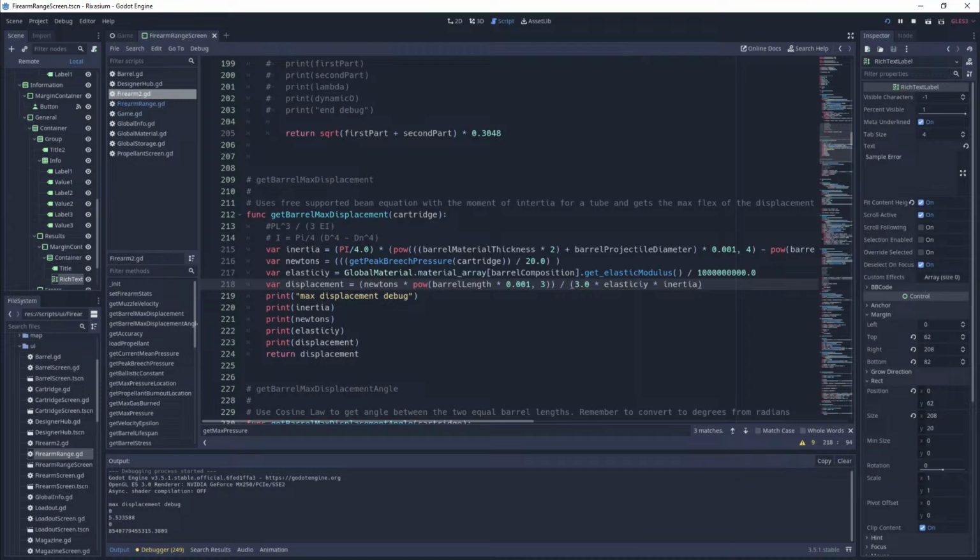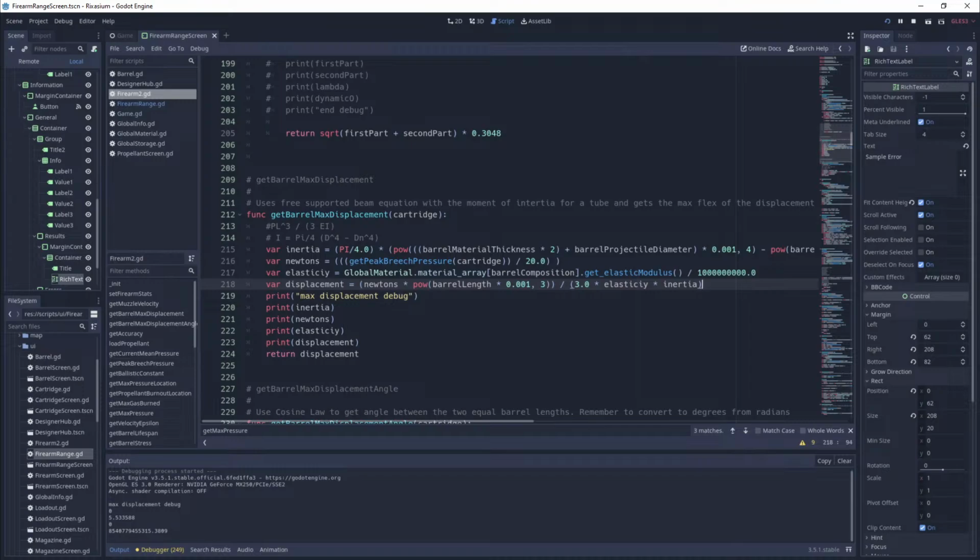So here A is this. 190 divided by 1 billion. This doesn't... What?